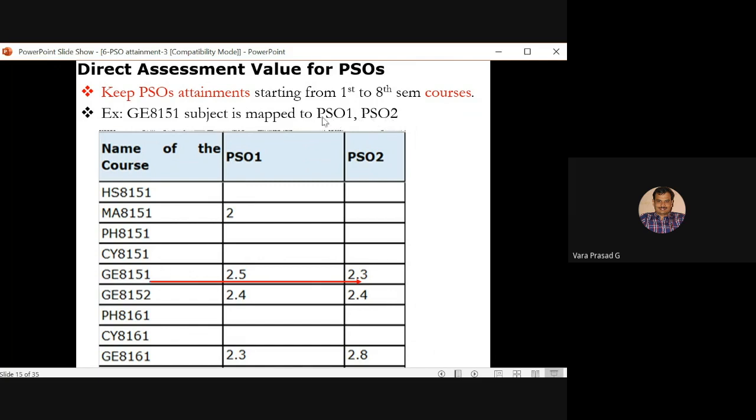Since this faculty has mapped PSO1 and PSO2, he is supposed to give these values. This is his responsibility.